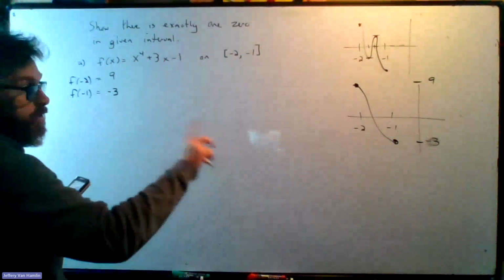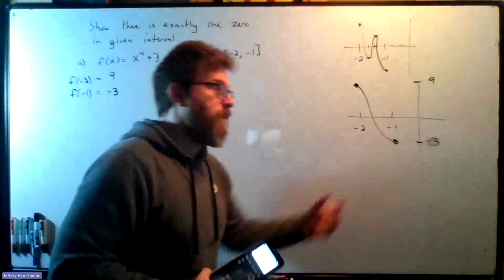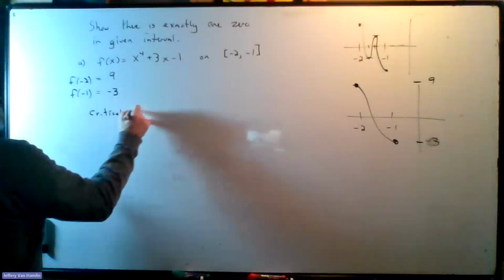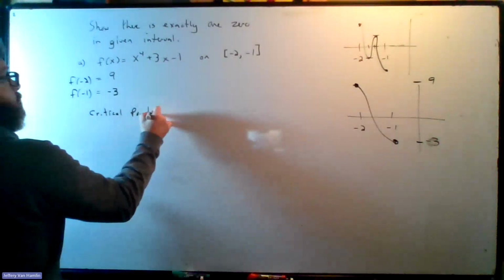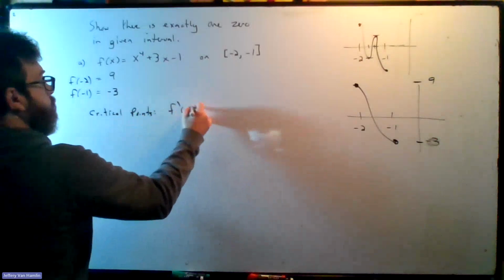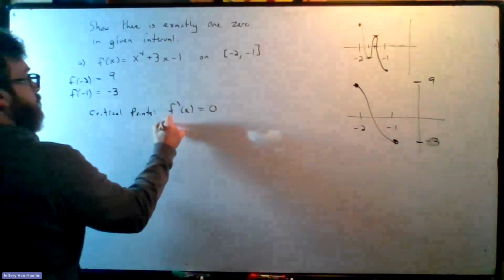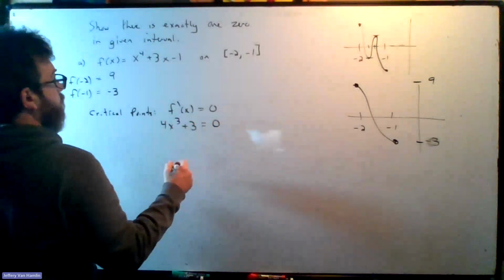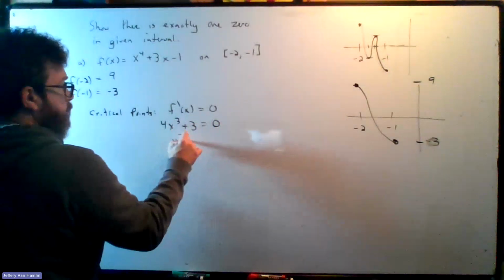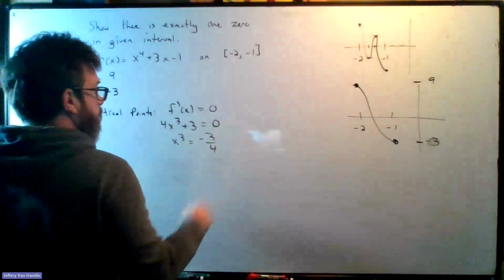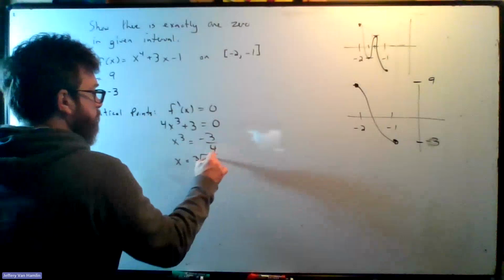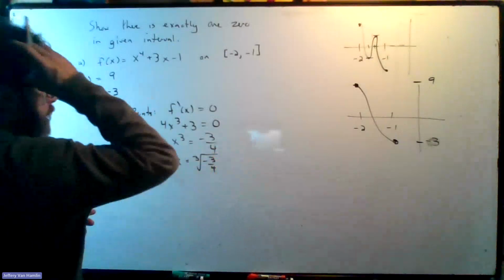So let's find critical values and make sure that there are no critical values on this interval. Critical points happen when f prime of x is equal to 0. The derivative of this is 4x cubed plus 3 equals 0. Solving for x cubed, subtracting 3 and dividing by 4, and then cube rooting, this is going to be the cube root of -3/4.